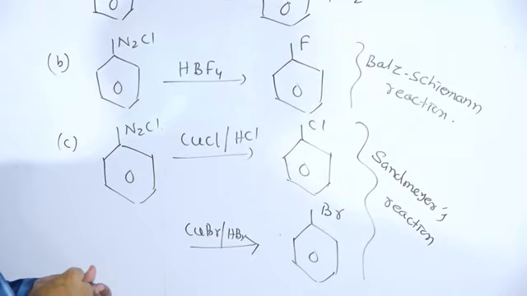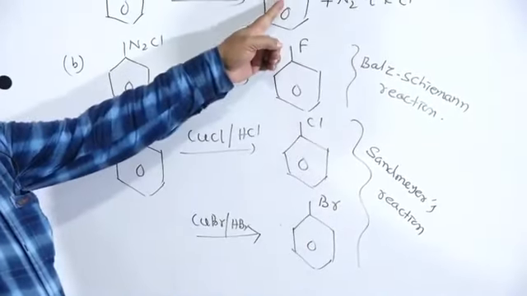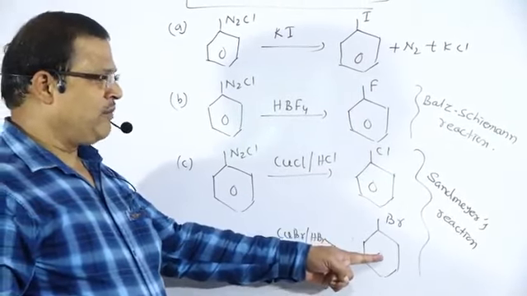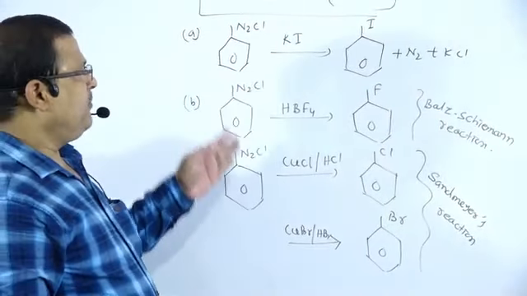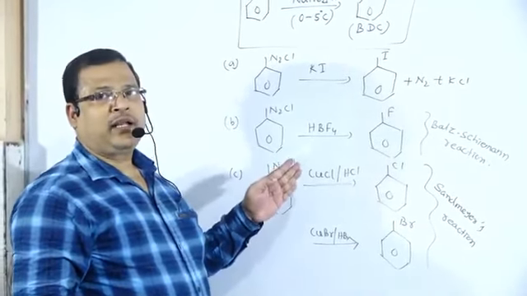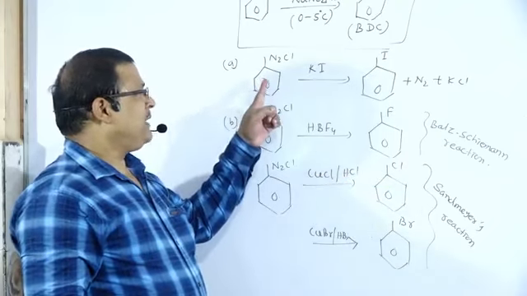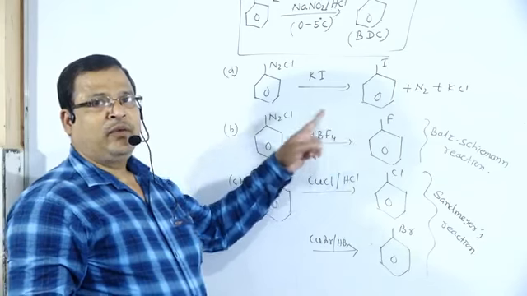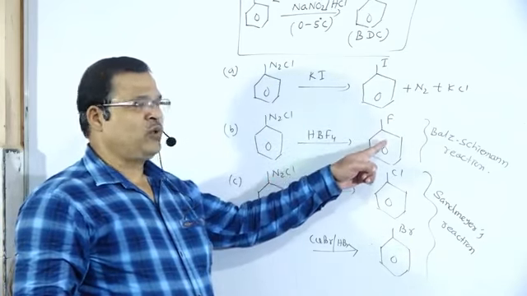So regarding the methods of preparation of aryl halides, that is iodobenzene, fluorobenzene, chlorobenzene or bromobenzene, from BDC is very important, because by taking BDC we can obtain all the aryl halides. Whenever BDC is treated with KI, there is a formation of iodobenzene. BDC treated with HBF4 gives fluorobenzene.